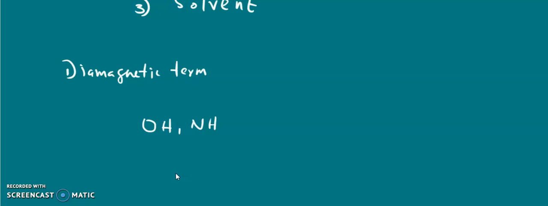Due to screening, the effective energy difference between the levels in the magnetic field is decreased, and based on the value of the screening constant, different protons will have different absorption points. If we are varying frequency, they will have different frequencies of absorption, and if we are varying magnetic field, they will have different fields at which the resonance takes place. So the positions at which the resonance takes place are different when we take the screening into account. And chemical shift is the measure of that screening.